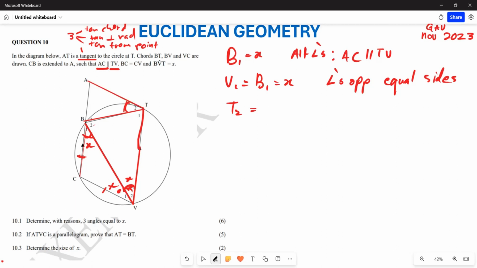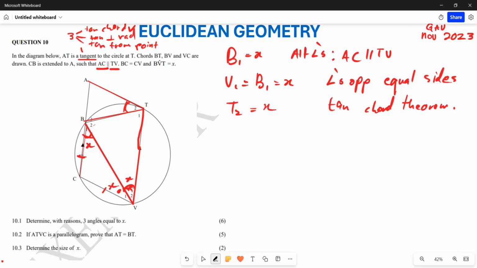So indeed, you're going to apply the tan chord theorem here. So this is equal to X because of the tan chord theorem. That's the reason why we are saying that. So you've got your three angles that are equal to X.